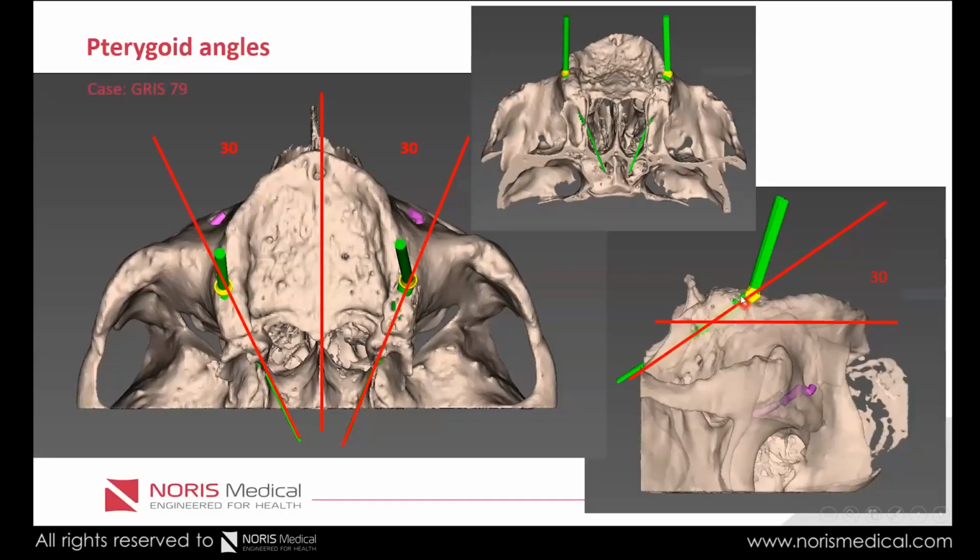Because the tuberosity bone is very, very soft, we just fall inside until we hit the cortical bone of the pterygoid, or not, because we might be in the sinus. Sometimes we fall into the sinus and then we hit the bone.